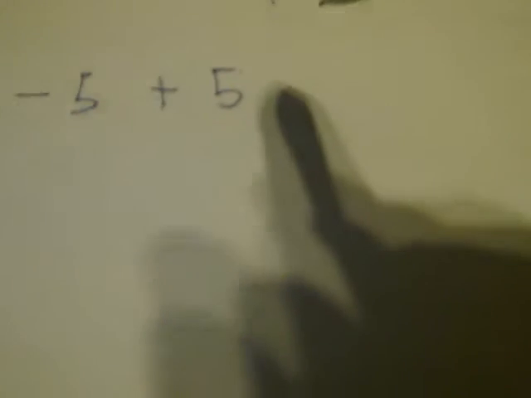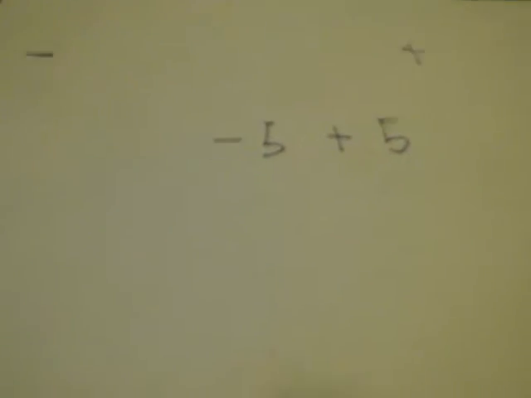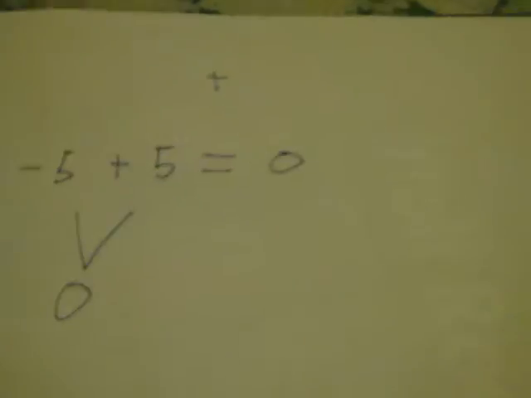So this 5 is in the negative territory, and this 5 is in the positive territory. So you add a -5 to a +5, it's in no territory. Out of that, it's 0. It goes neither way.